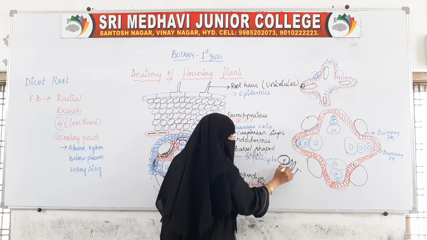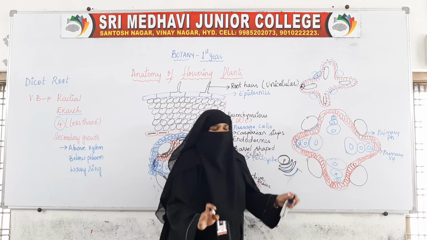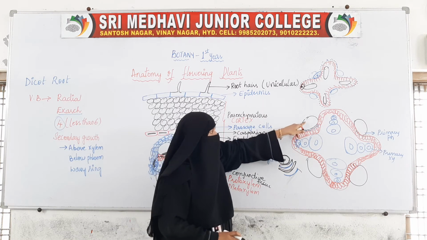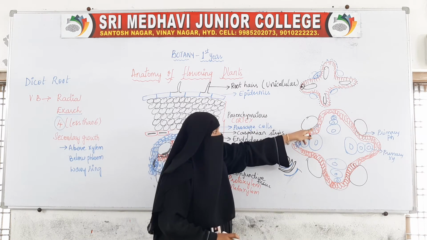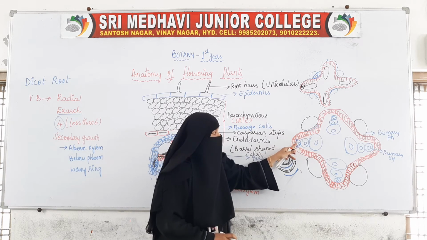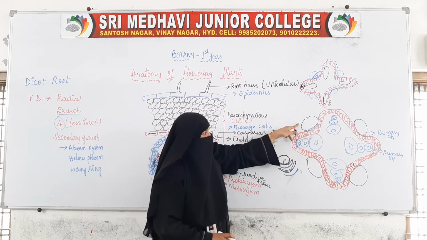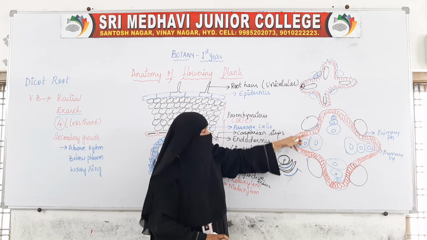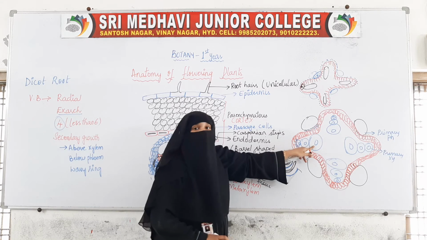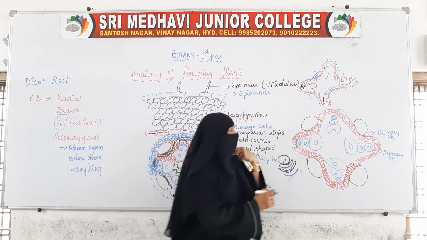Outside, the primary phloem is there now. This is your primary phloem, then secondary phloem, then secondary xylem, and primary xylem. So how is the arrangement?